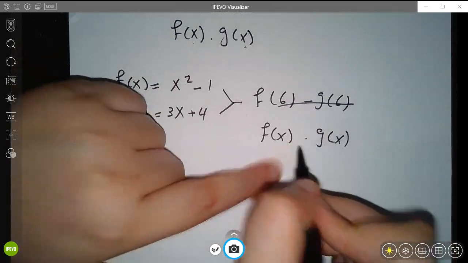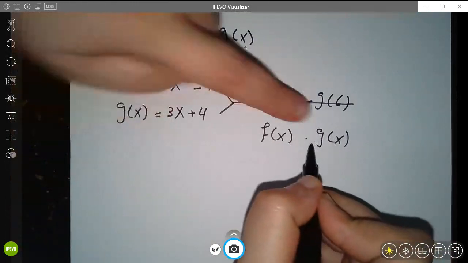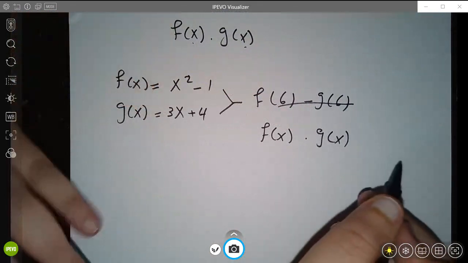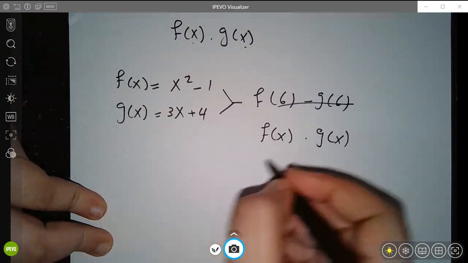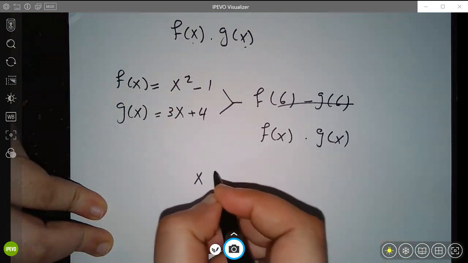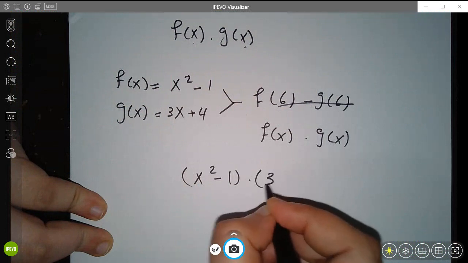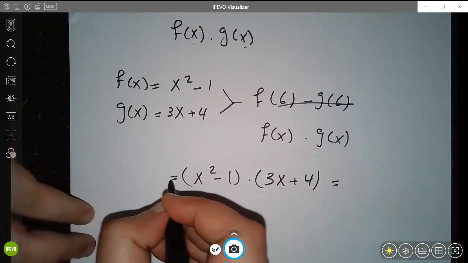This literally means I want you to grab the first one, f of x, write down multiplication, write the second one down, and then simplify as much as you can. Make sense? So you're going to give me f of x times g of x, and what it equals.